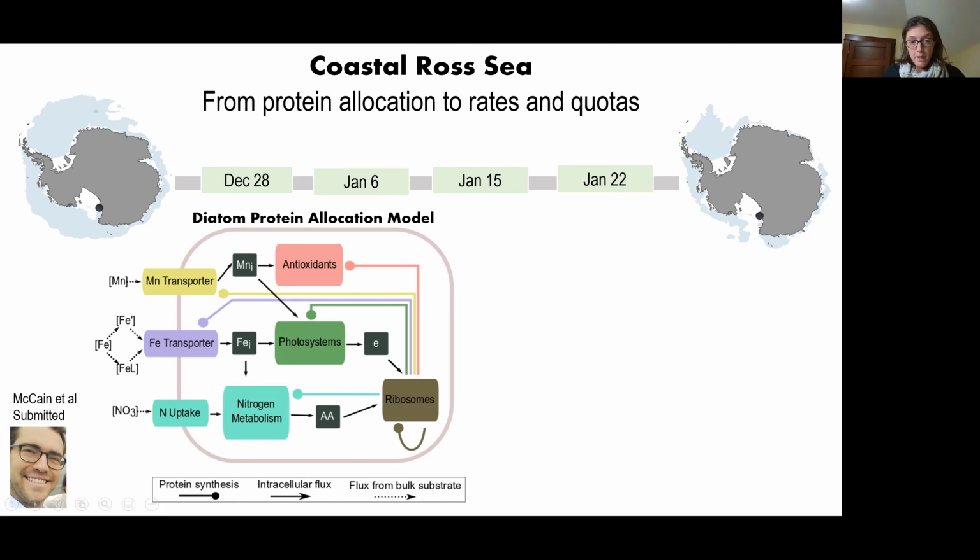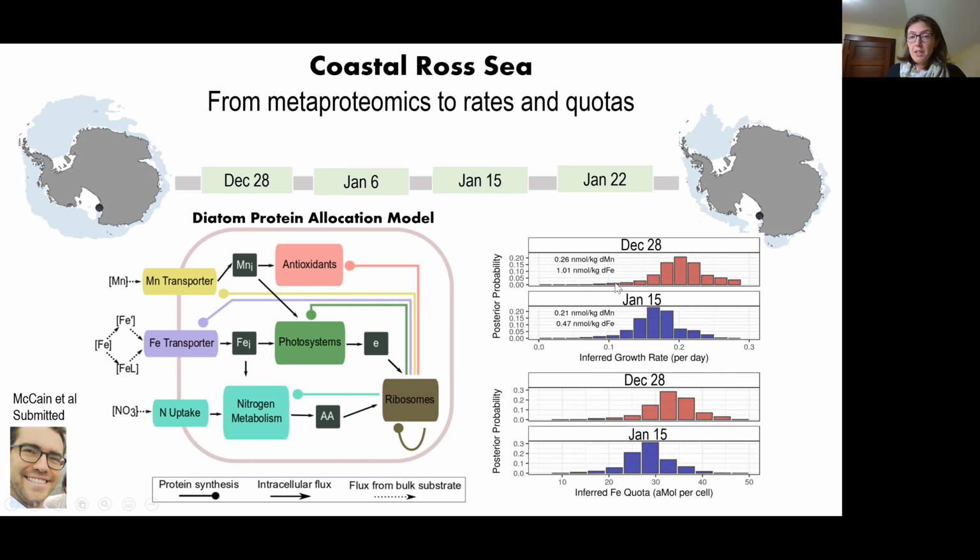So what we can do now is combine our measurements of the way that diatoms allocate proteins, plus the environmental conditions that we're able to measure, to start now to predict what the growth rates and the elemental stoichiometries of the diatoms in our system are going to be using this allocation model. And that's what I'm showing you here.